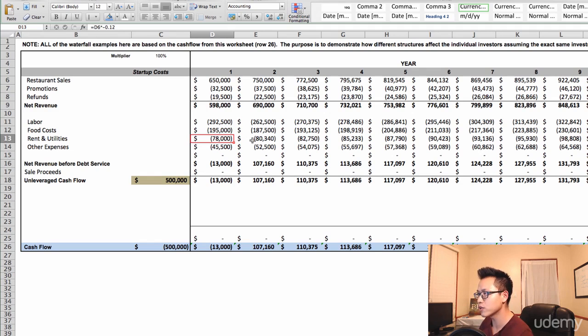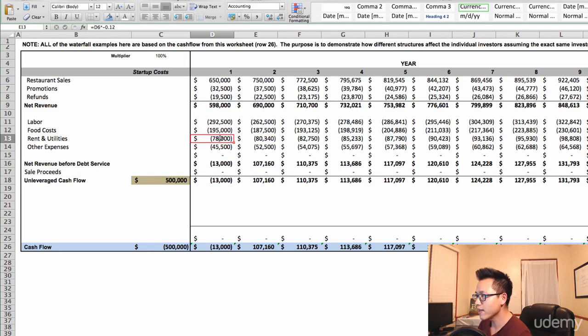Utilities and rent, those don't change very much. So utilities maybe goes up a little bit. If your sales go up, you have to use a little bit more fire or electricity depending on what kind of equipment you're using, or if you're turning on the heat or the AC more. But otherwise, rent is rent. Whether your restaurant is full or not, you're paying the same amount of rent. Okay.